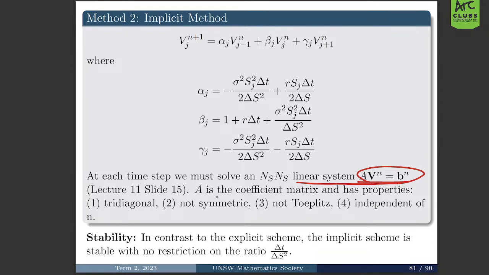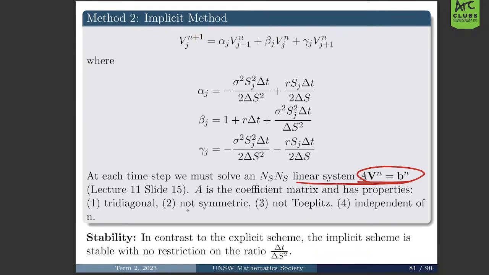And what I want to emphasize is A. A is the coefficient matrix that gives you the alphas or whatever terms are included inside here. And it has some properties that, in a sense, simplify the calculation of the linear system.